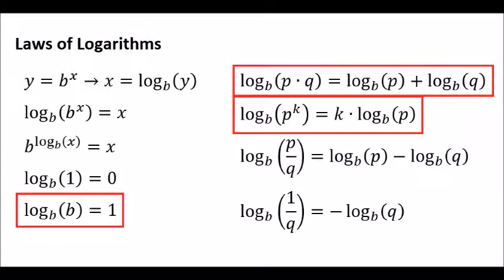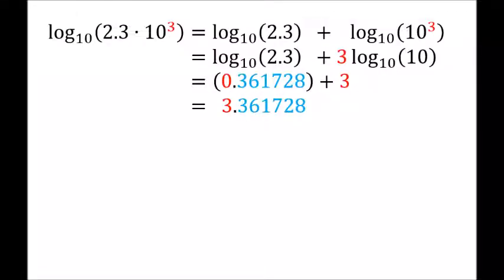To fully demonstrate why that pattern exists, we are going to use the laws of logarithms boxed in red. Consider the case for 2,300. In scientific notation, that is 2.3 times 10 to the third power. The 3 comes out front, and the base 10 logarithm of 10 is 1 by definition.